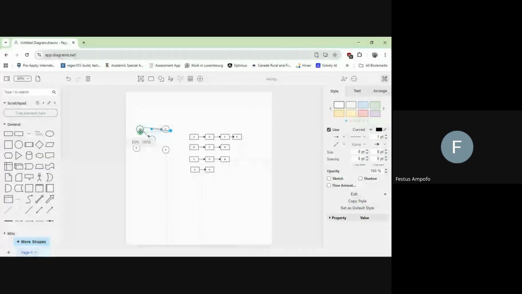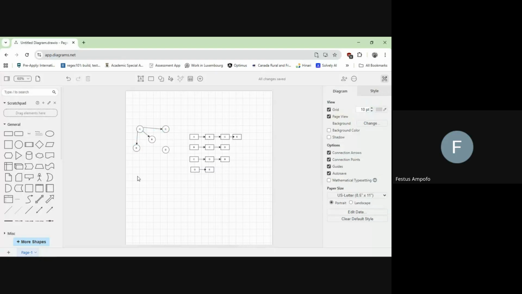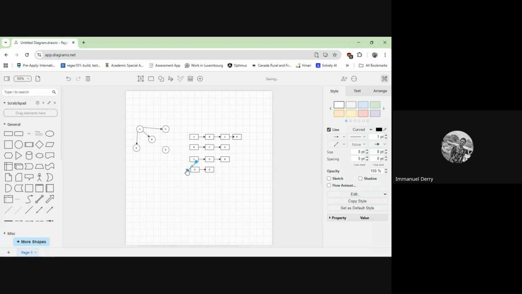Then we move to the C. C will be connected to D with the same arrow. And B is also connected to C, so we'll have the arrow pointer facing each of them.